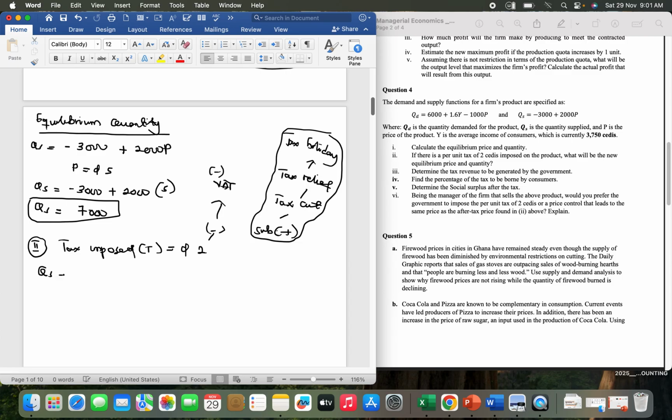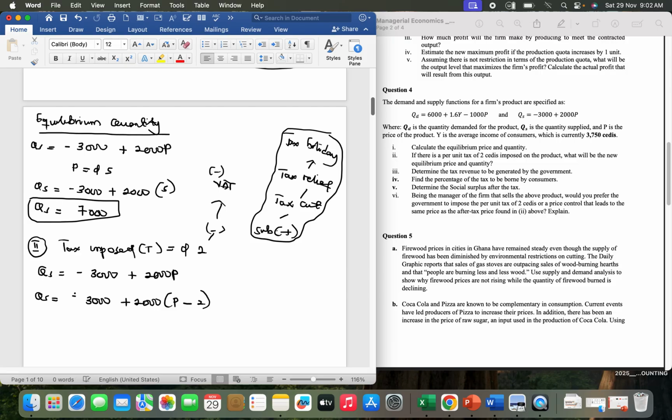So I'll pick my supply function. It was QS equals minus 3000 plus 2000P. Both tax and subsidy affect the price side of the supply function. So open brackets P, tax I subtract, subsidy I add, and this is tax, so minus 2.